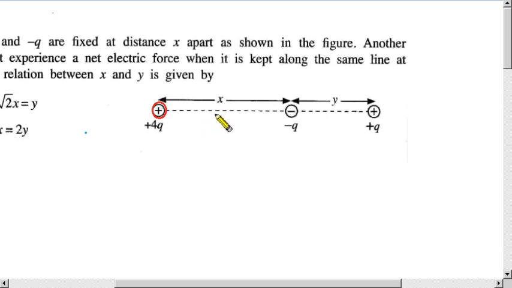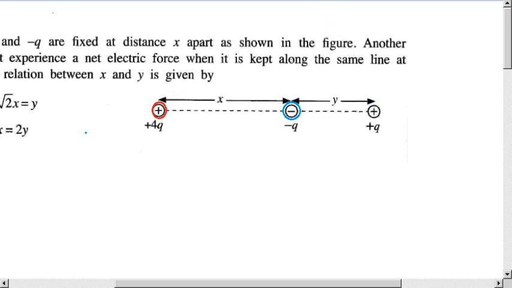In the exam time, real time, you don't have to do these things. So again they have placed the fixed point charge whose charge is minus q. These are fixed charges, they don't move. So here they say at this place this charge doesn't experience any force.